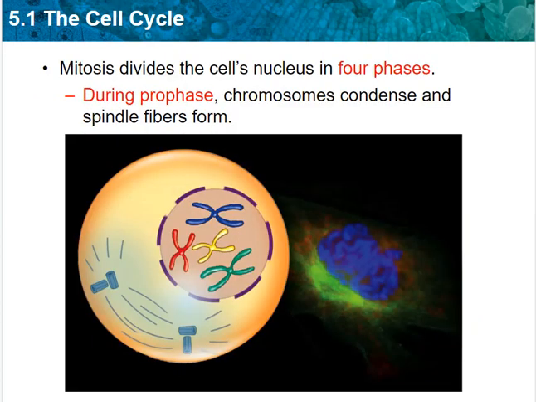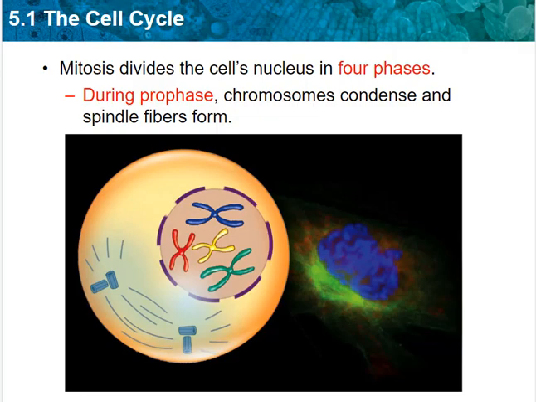Mitosis then begins essentially in four phases. During prophase, the chromosomes will condense and become these X-shaped objects, each held together at a centromere, with two individual chromatids for each one.